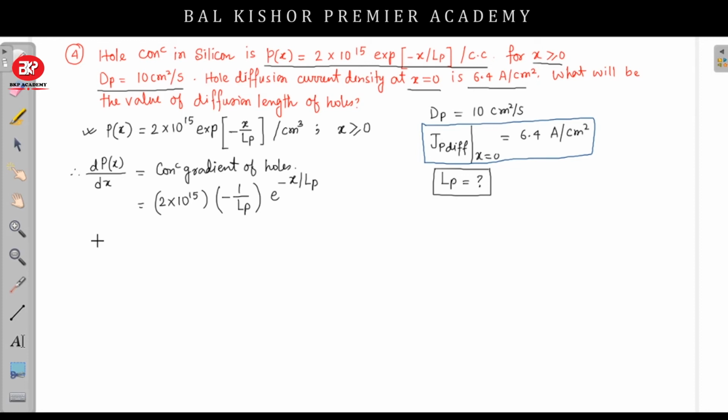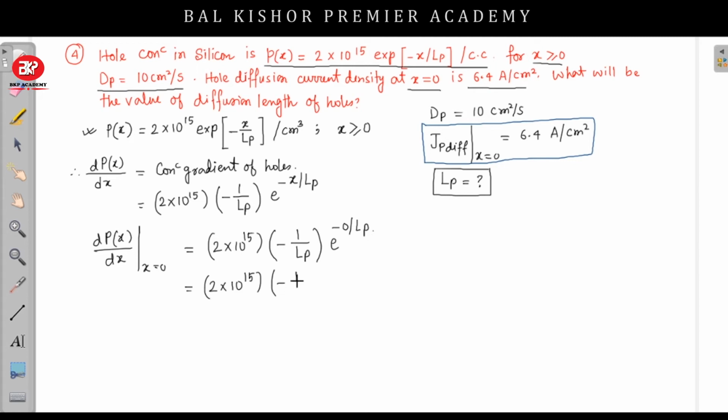So let's find dp of x by dx at x equals 0. At x equals 0, the 2 into 10 to the power 15 remains as it is, here we have minus 1/Lp and e to the power minus x/Lp, where x means 0, so 0/Lp. So ultimately we will get it as 2 into 10 to the power 15 times minus 1/Lp.